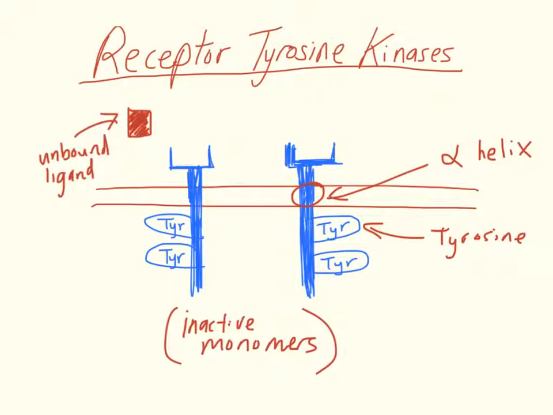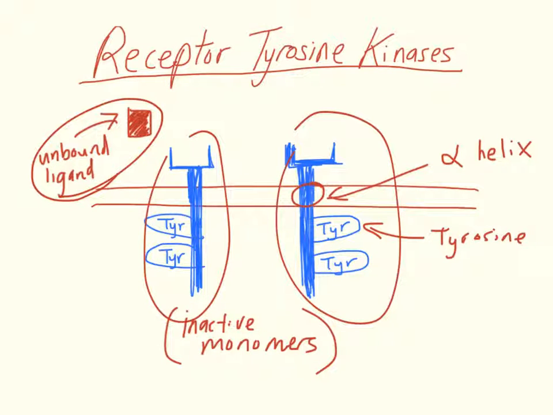Let's go through how a receptor tyrosine kinase will actually work. Here we have an unbound ligand, and we have two inactive monomers. As you can see, these are tyrosine residues that will then be phosphorylated. And the portion that spans the plasma membrane is actually made up of an alpha helix.